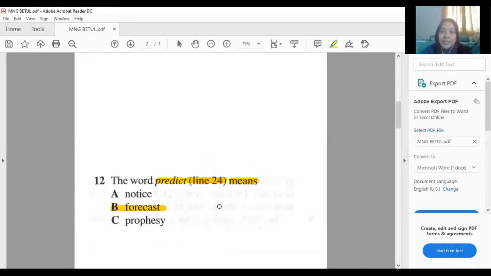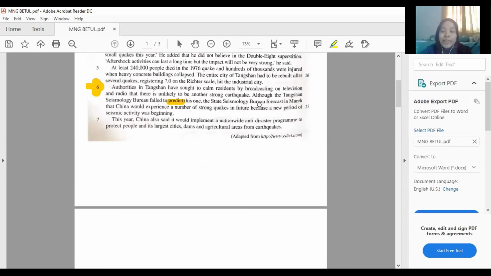Forecast is the answer because it is from the experts' findings, as we use the clue from another sentence, or the definition clue. The State Seismology Bureau forecast in March that China would experience a number of strong quakes. Here it uses the same word, or the same synonym.